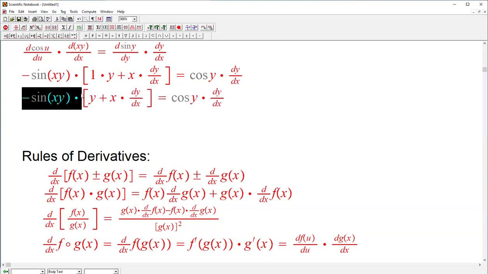But we're going to distribute. We're going to distribute negative sine of xy with y, and we're going to write it this way. We write a y in front of it, a negative y. I'm going to explain why we must write it this way. So that's sine of x times y.